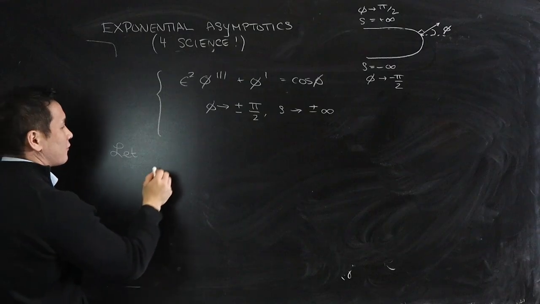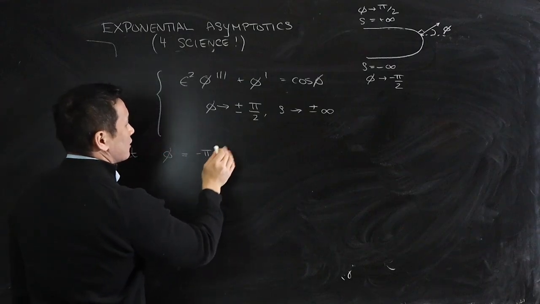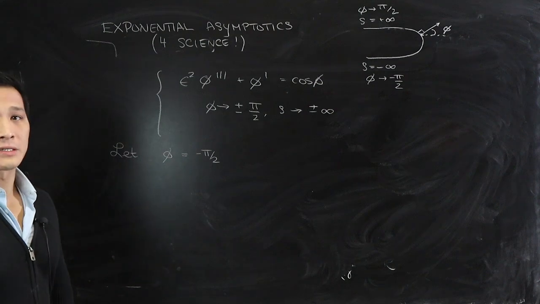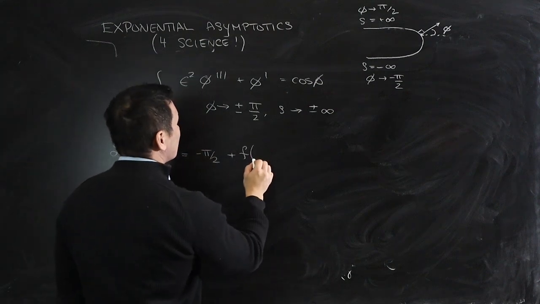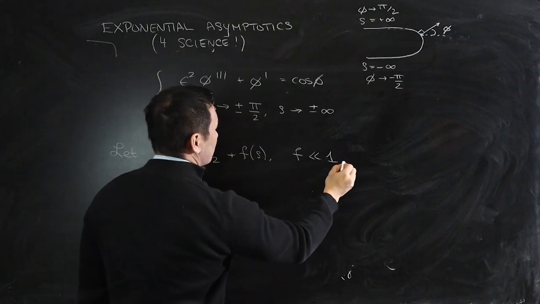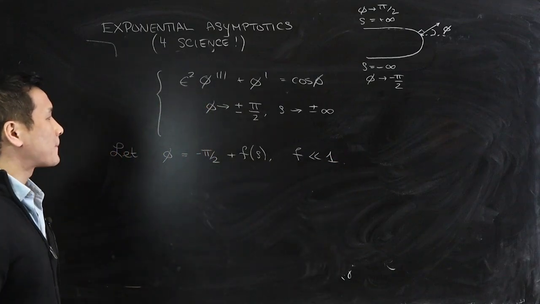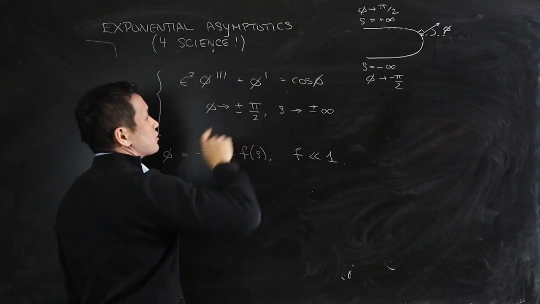So let's let phi be equal to minus pi by 2. We're going to look at the boundary condition at s equal to minus infinity. So let's let phi equal minus pi by 2 plus some function f of s. And let's make the assumption here that f is small. In that case, you can expand the cosine term here.